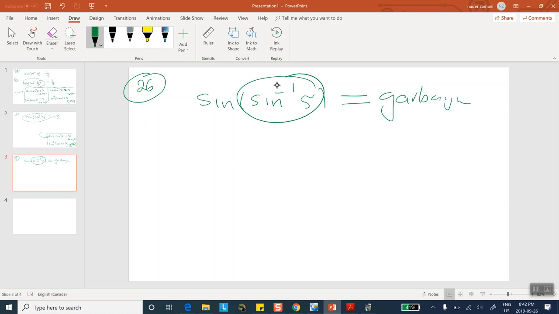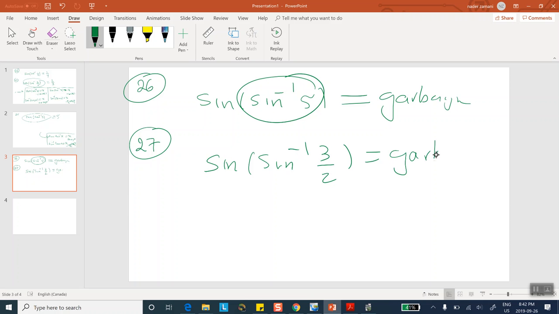Okay, let's go to number 27. Sine of sine inverse of 3 over 2. Garbage. There's no way you can take sine inverse of something that's bigger than 1.